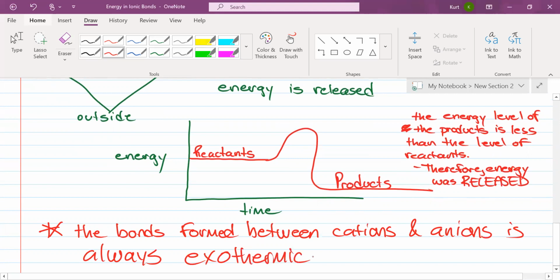So what has more energy when you're making an ionic compound? The individual ions or the ionic compound itself? Yeah. The ions are going to have more energy than the ionic compound. Sodium and chloride by themselves have more energy than sodium chloride does as a compound.